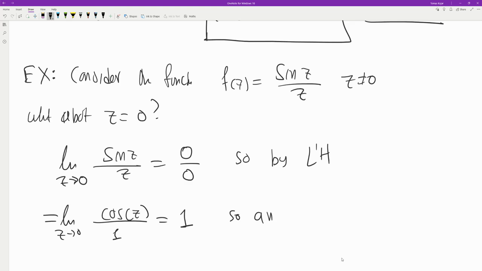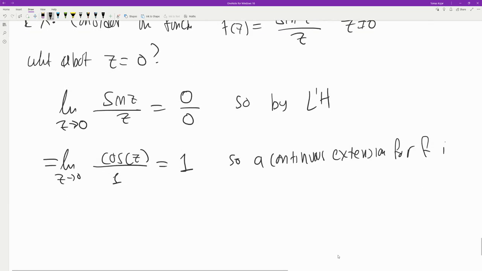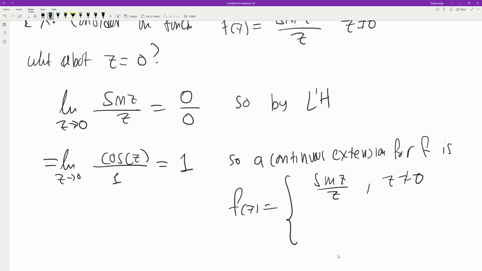So a continuous extension for f is the following: sine z over z, and then equal to 1 when z is 0.